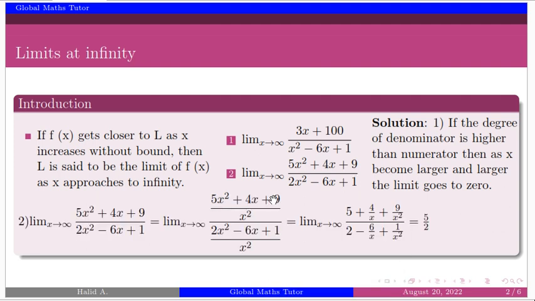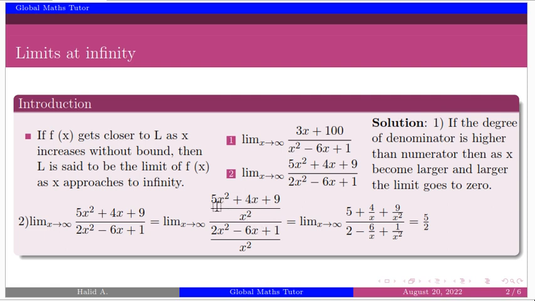Basically here we see only the coefficients of the higher degree. So for 5x squared plus 4x plus 9 over 2x squared minus 6x plus 1, we're gonna divide by the higher degree, which is x squared, so let's divide both numerator and denominator by x squared.